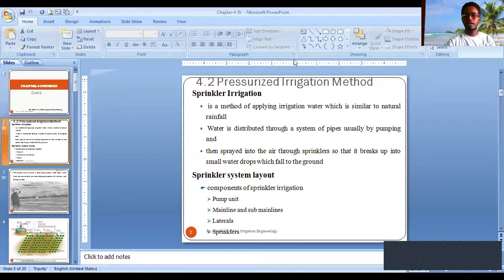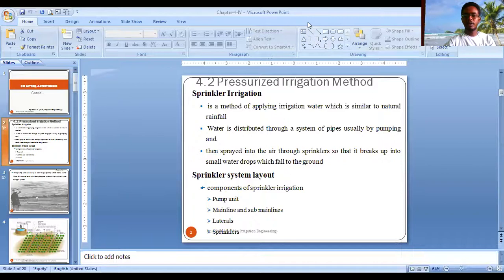So by considering these factors, you have to consider these two methods.